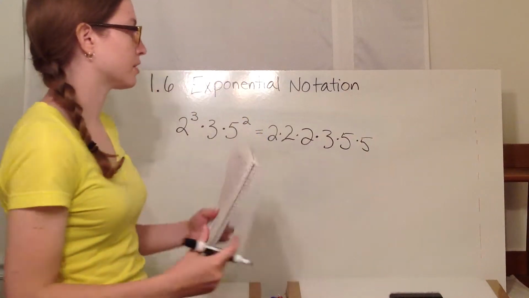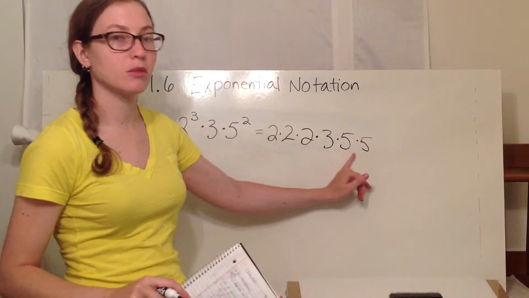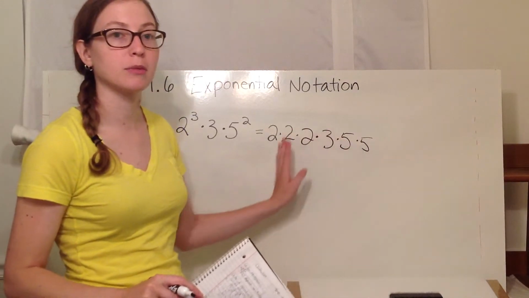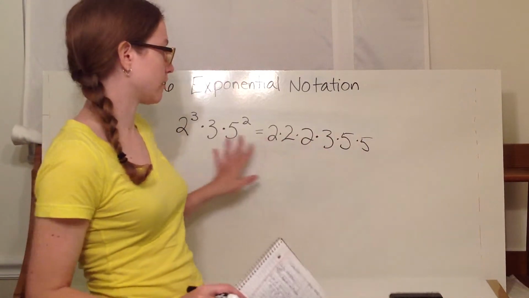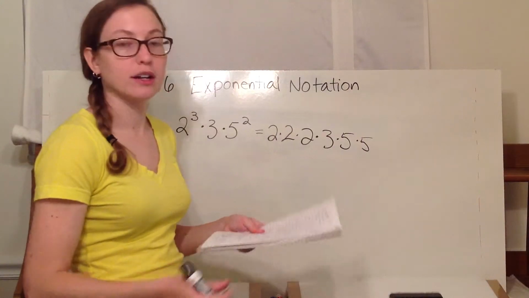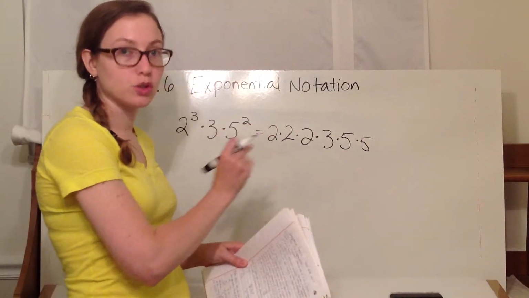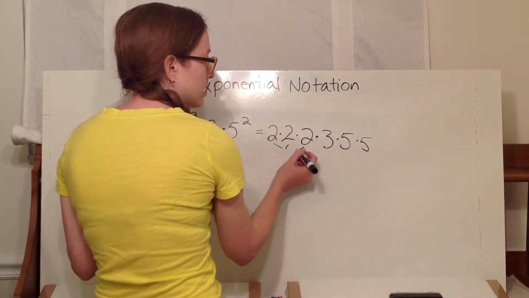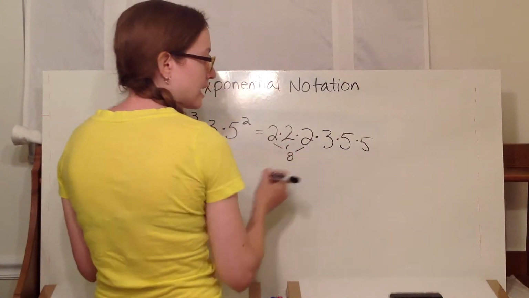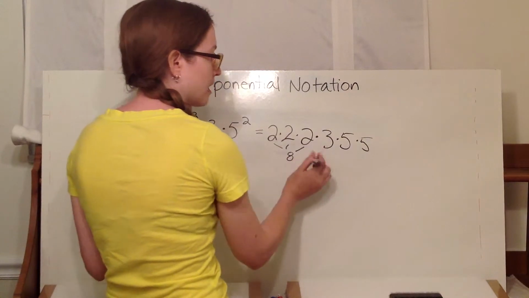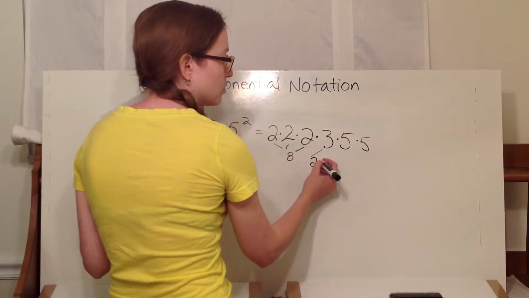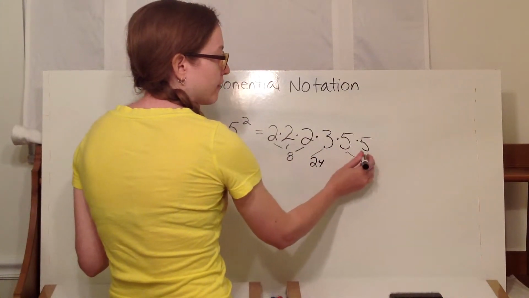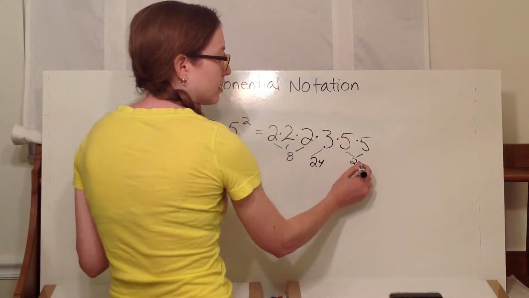Okay, so here's our expanded form again, where we're able to view every part of this, and then we're going to simplify this by doing the multiplication. 2 times 2 times 2 is 8. 8 times 3 is 24, and 5 times 5 is 25.